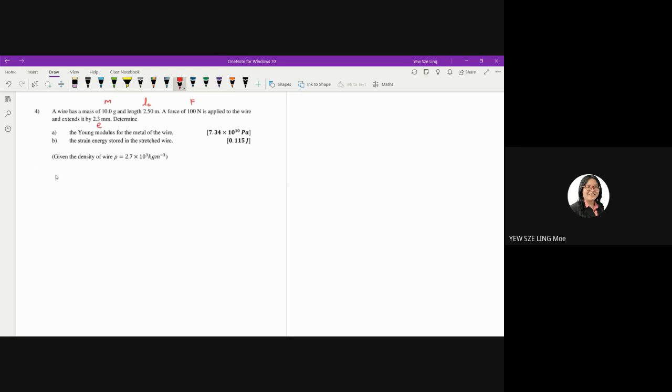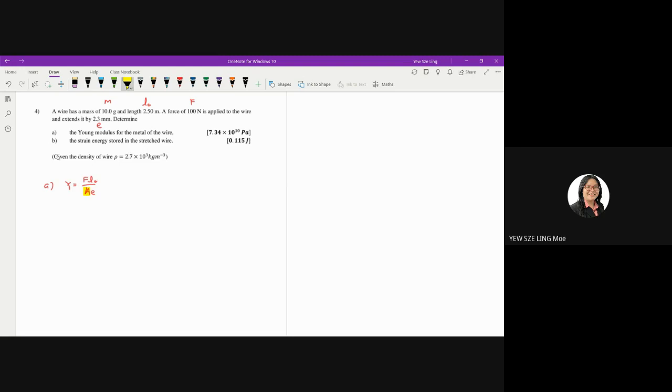If you want to calculate Young modulus, the equation is Y equals F L naught over A e. One thing is missing: the area. We don't have area, so how are we going to determine the value of the Young modulus?